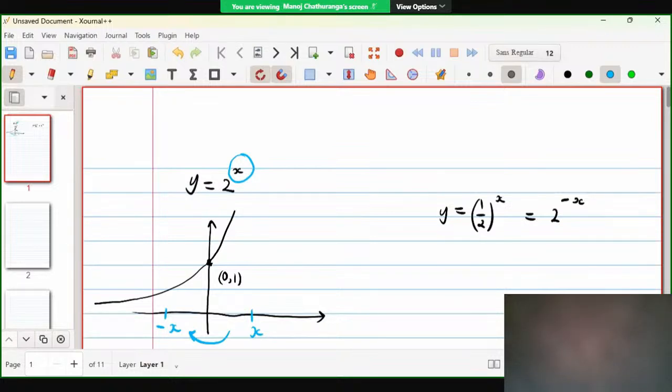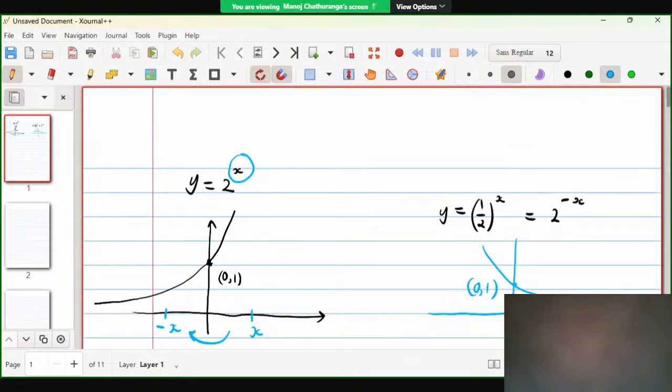So the graph gets changed. It goes like this now. It still goes through (0, 1), but now for very large x values, you're getting very small y values.